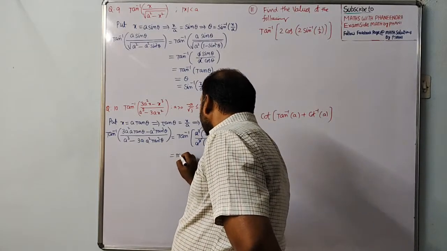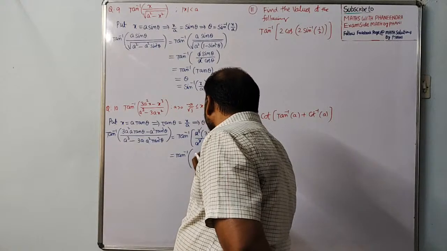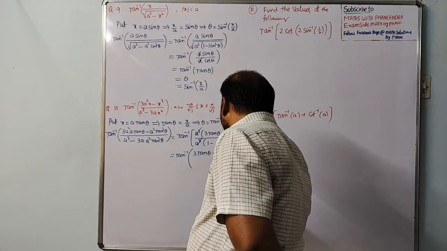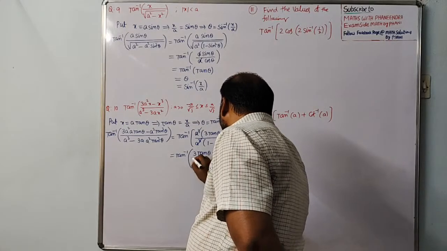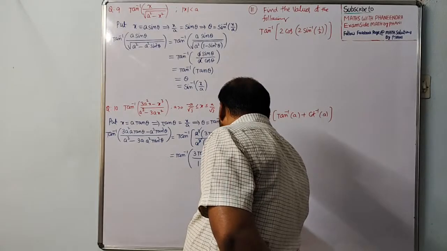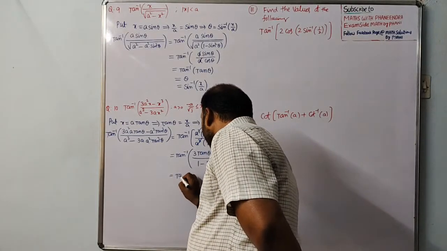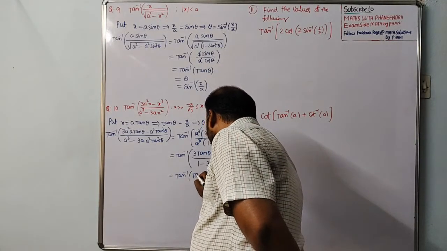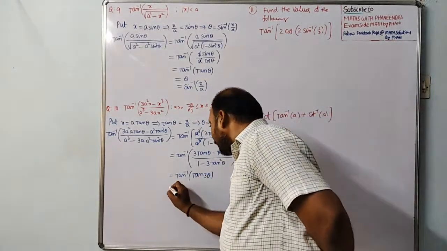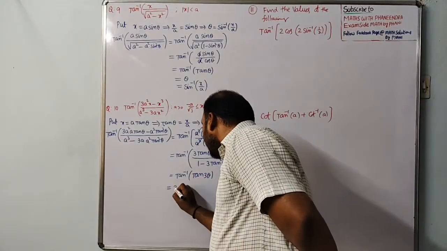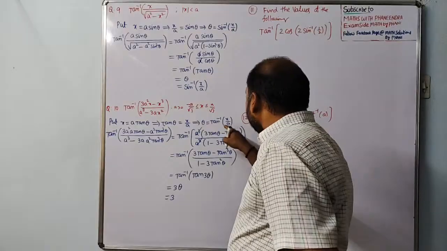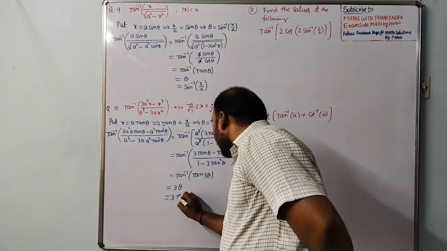So tan inverse of 3 tan theta minus tan cube theta divided by 1 minus 3 tan square theta is equal to tan inverse of tan 3 theta. This bracket value is the formula for tan 3 theta, dear students. So tan inverse of tan 3 theta is 3 theta. That is equal to 3 into theta, which is tan inverse x by a.